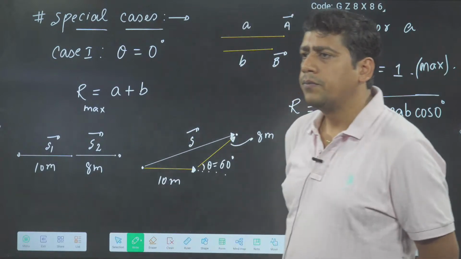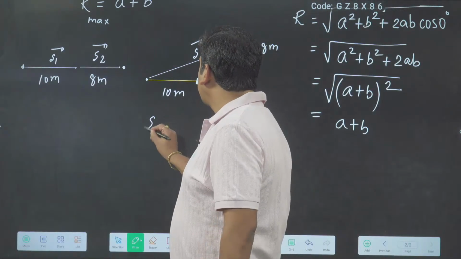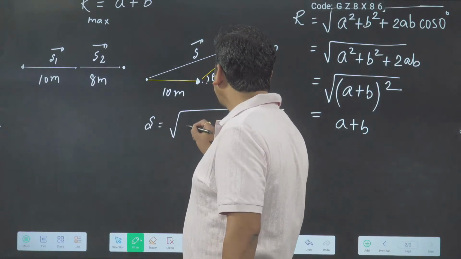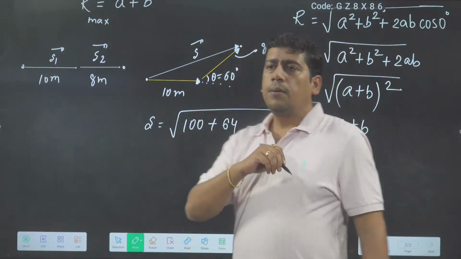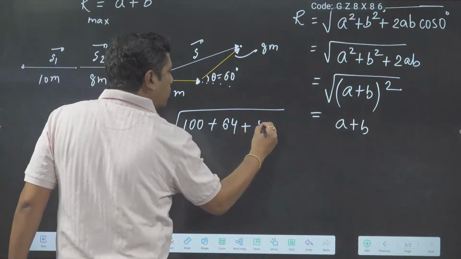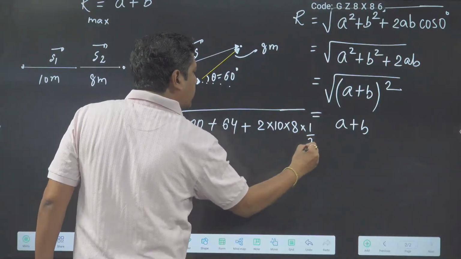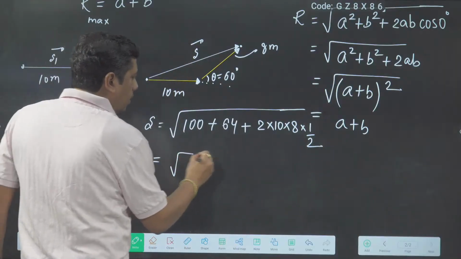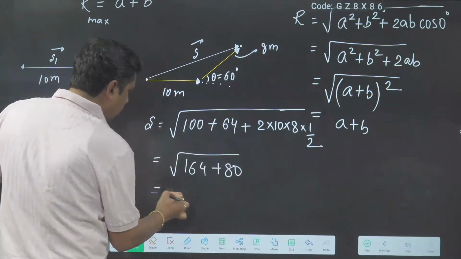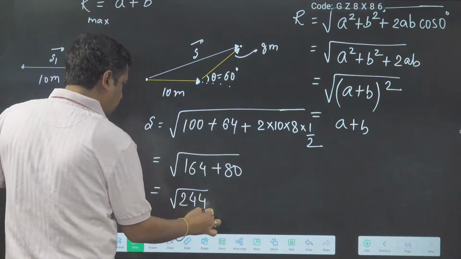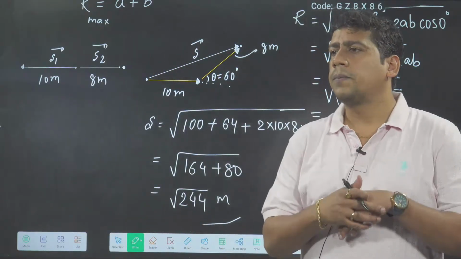Very good. Nice. Let's check it. Here we will say the displacement is under root 10 square plus 8 square plus 2 into 10 into 8 into cos 60, which is half. So it becomes 164 plus 80, root 244 meter.